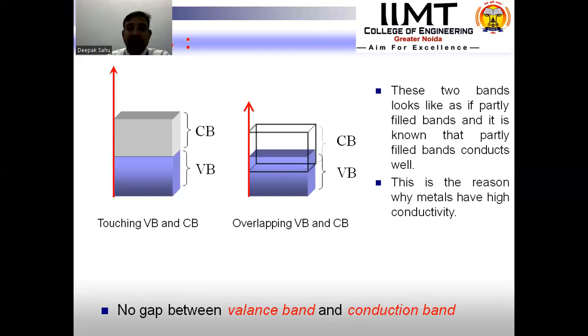Now, in metals, there is no need to jump from the valence band to the conduction band, since the forbidden energy gap is not present here, and the conduction band and valence band are merged. So electrons can easily move to the conduction band, and easily come back to the valence band.